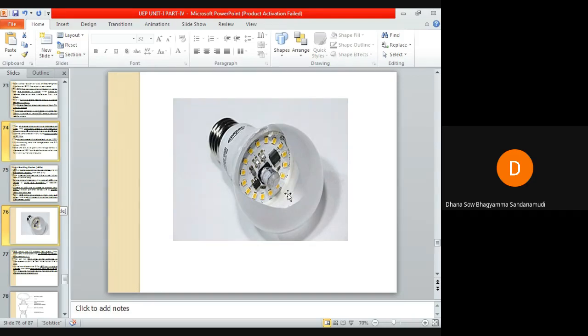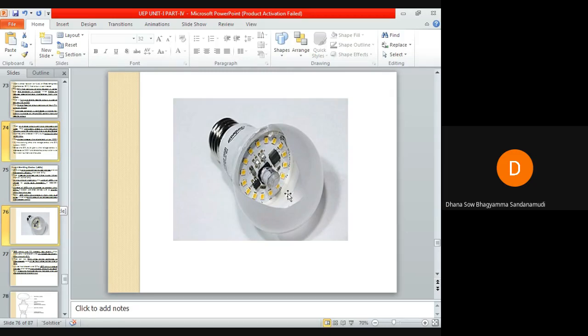If the fuse blows out and you want to replace it with a new one, we can't touch the bulb of the incandescent lamp with bare hands. We have to use some insulating material, some cloth type thing to remove or replace it.